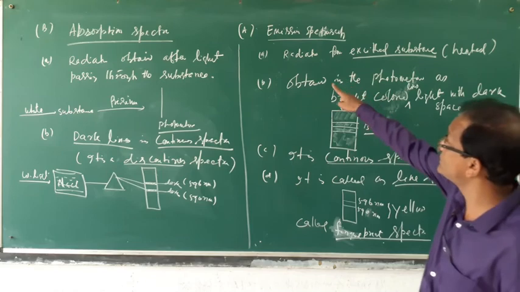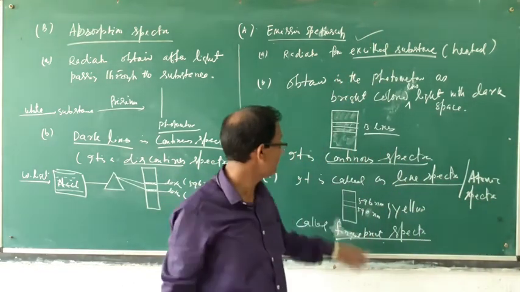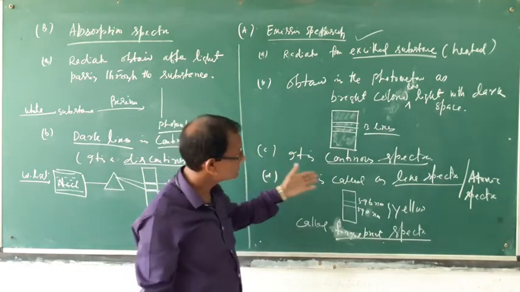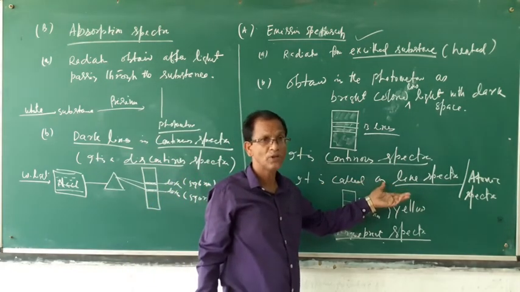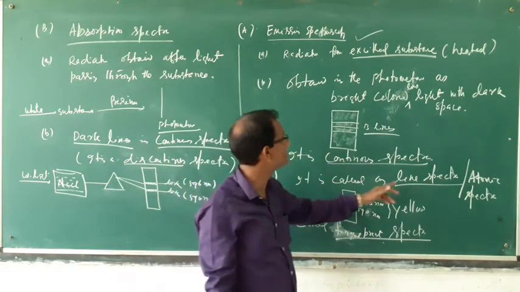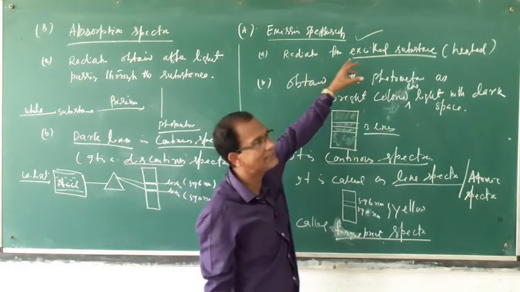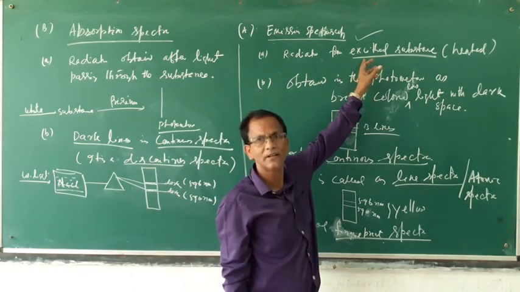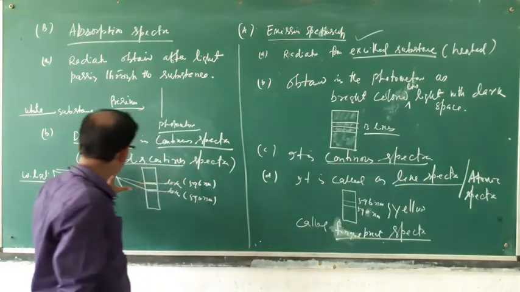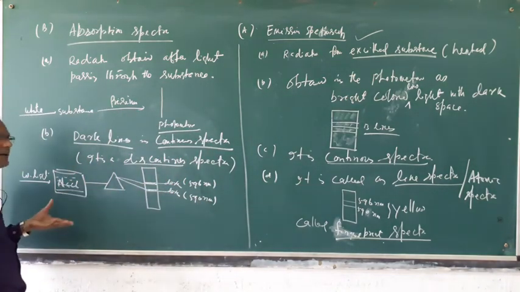This is the main spectra used to study the nature of an element. The type of element can be studied by line spectra, that is emission spectra, from the excited substance. It is also very important to know which part of light is absorbed.